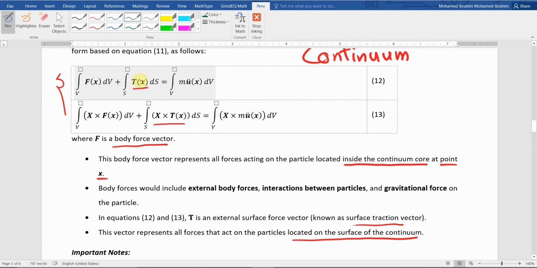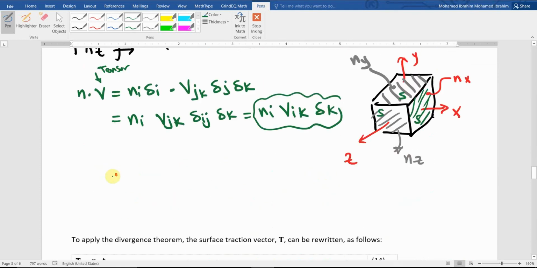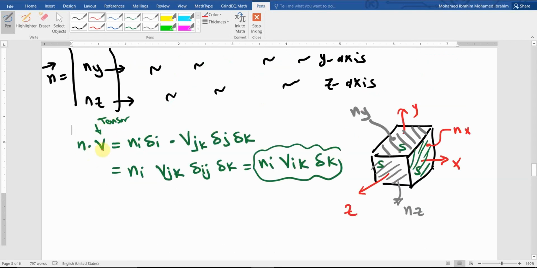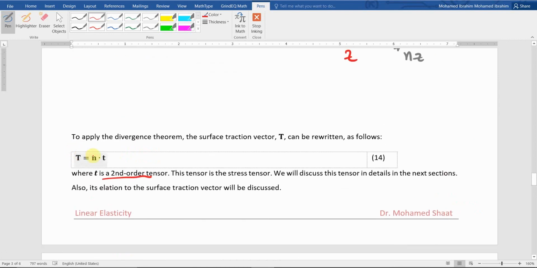We should have n dot something to convert this one into a volume integral. So let us assume that this t, which is just a vector, is n dot t lowercase, where t lowercase is a second order tensor. Because as we mentioned, n dot a second order tensor gives a vector, right? And this t here should be a vector. So I should use a tensor here.